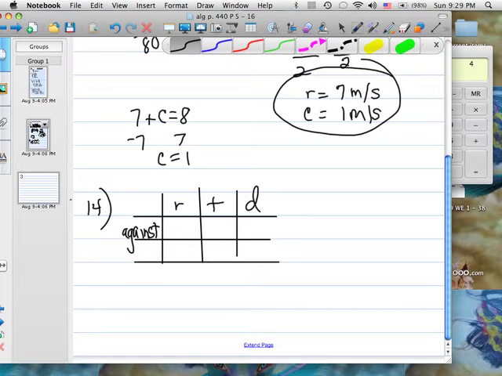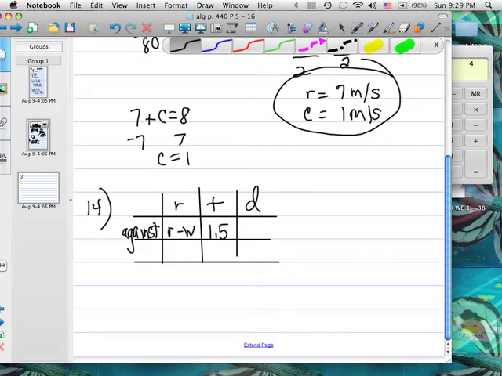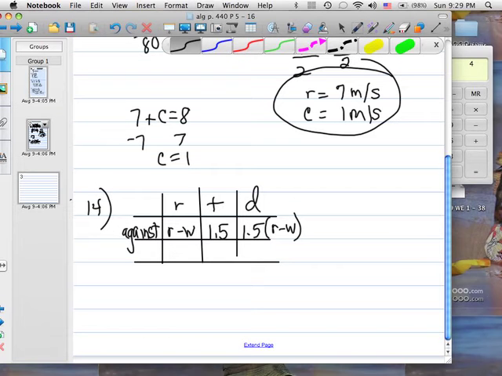So against the wind, that would be R minus W. It takes 1 hour and 30 minutes, or 1.5 hours. So that's 1.5 times R minus W. And that's going to equal 600.